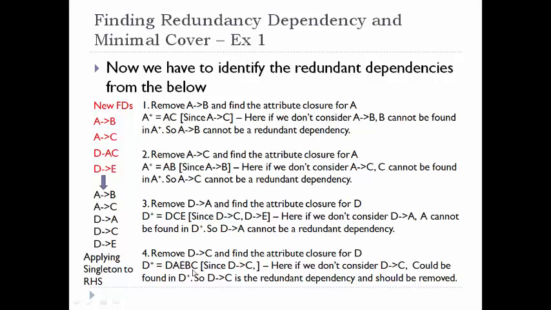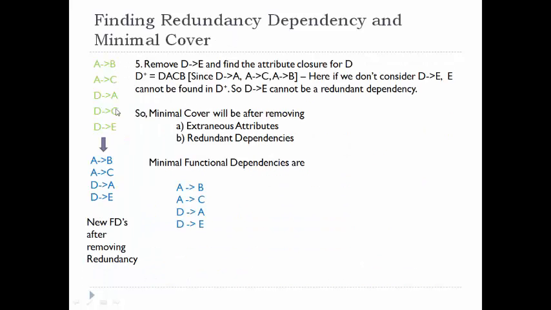Since C has arrived without this dependency D tends to C, we can say that this D tends to C is redundant in the given set of functional dependencies. If that is the case, we are going to remove this D tends to C from the given set of functional dependencies. Now, after removing, this will be the new functional dependencies.